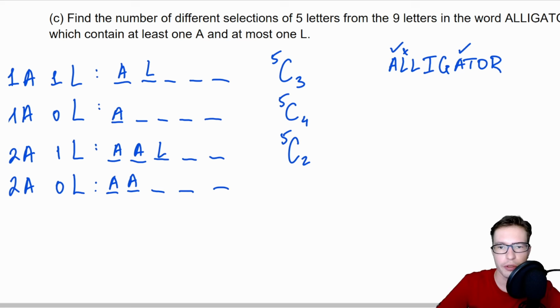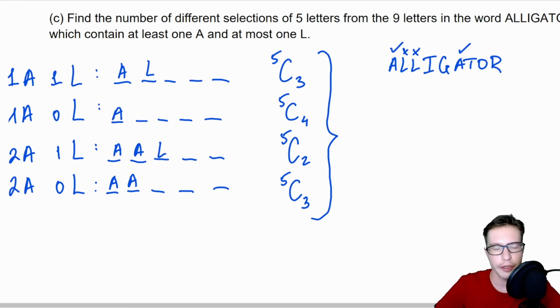We cannot choose any of the L's. Therefore, we have 3 positions to fill, and again 5 choices. Now, add up all of that and get 35. I'm going to keep this as the final answer.